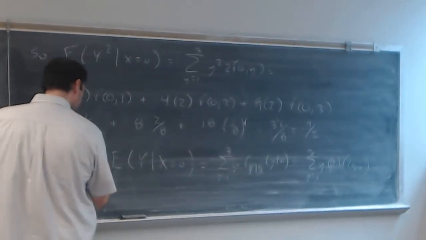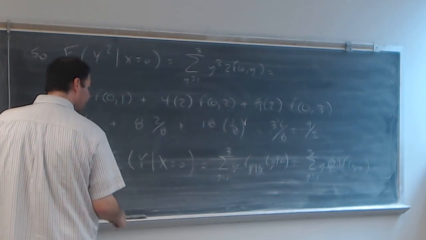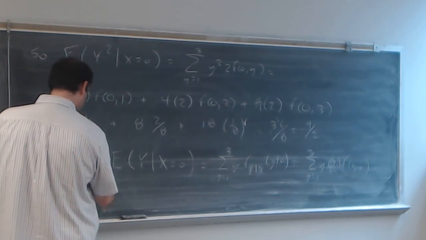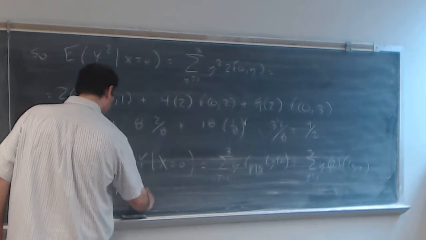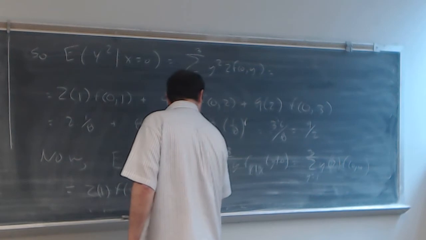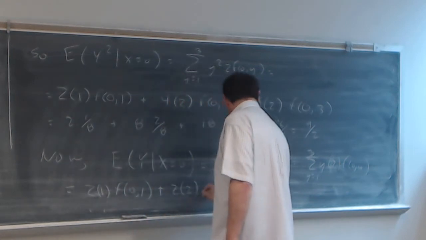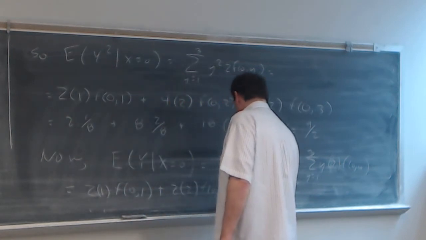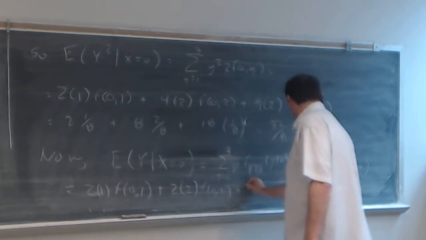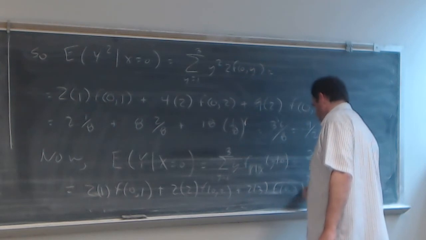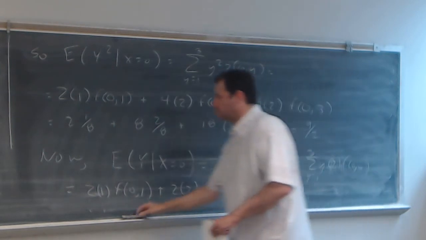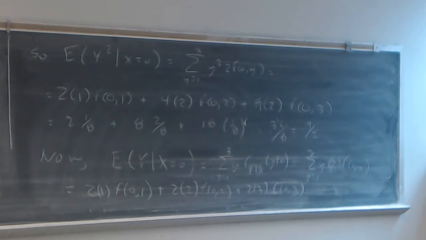And so that's going to be equal to 2 times, when y is 1, we just get 1. 2 times 1, f of 0, 1, plus 2 times 2, f of 0, 2, plus 2 times 3, f of 0, 3. And so we'll complete that from the chart, and we actually already found those numbers.